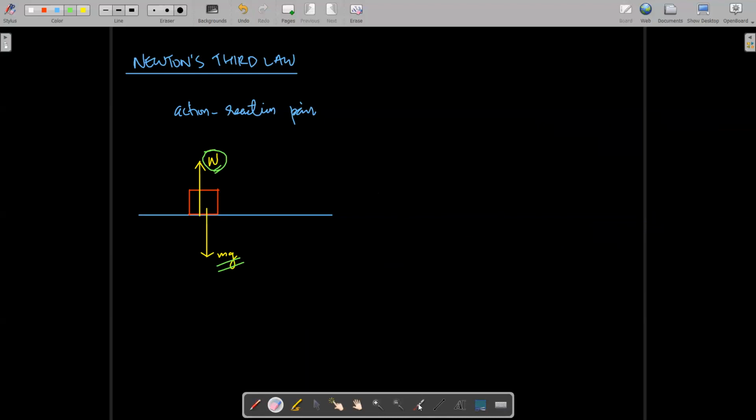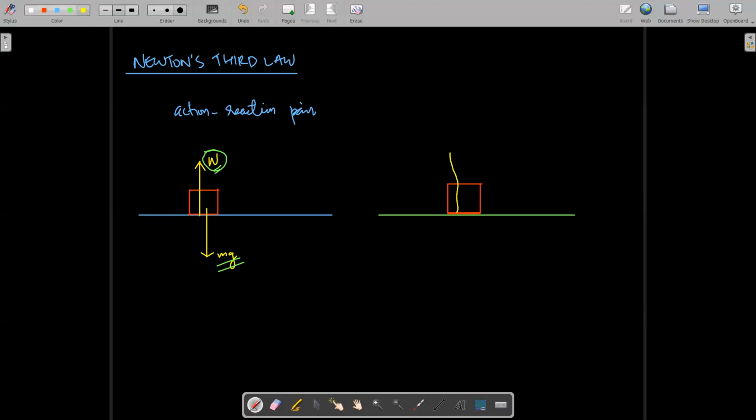If you take the same case, say you have a surface here and the body is kept right here, touching it. Then there will be a normal reaction.